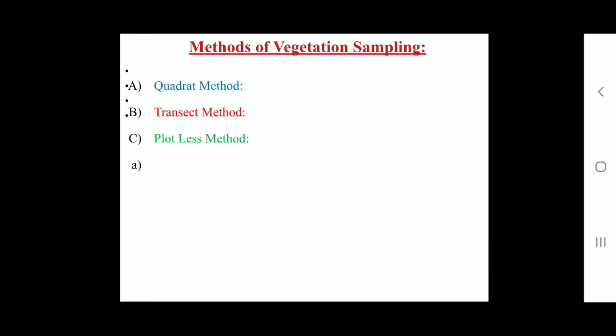Quadrat size is generally determined on the basis of the size and density of the vegetation being sampled. Usually, the species area curve method is employed for determination of quadrat size. Before proceeding to study the community, it is necessary to determine the minimum size and number of the quadrats.